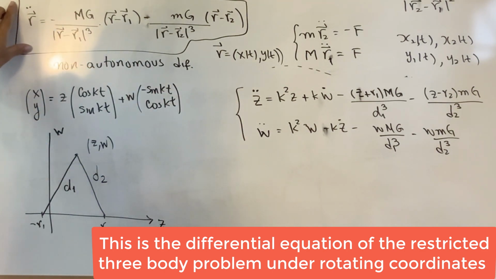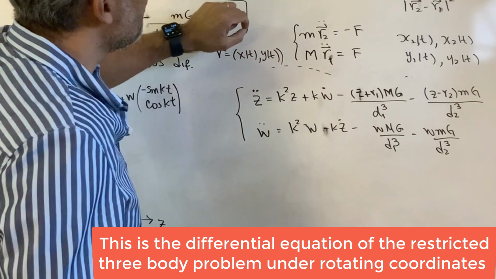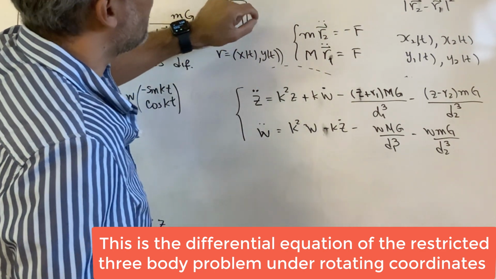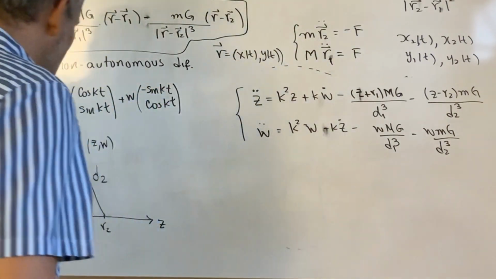Then we have this system of differential equations that represents the solution of the x and y, which is a body that moves under the effect of the gravity of two bodies that move in a circle.